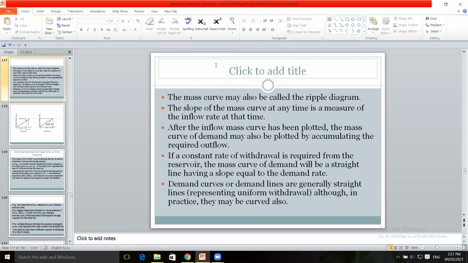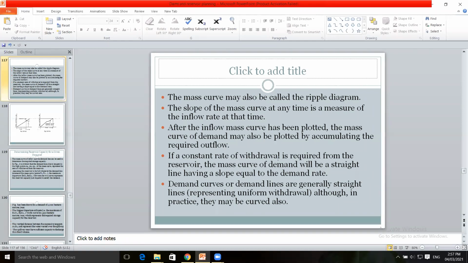So from this mass inflow curve, again you can plot the mass curve of demand, or mass outflow curve, which is plotted by accumulating the required outflow. Based on how much the outflow is, we can plot the mass outflow curve.